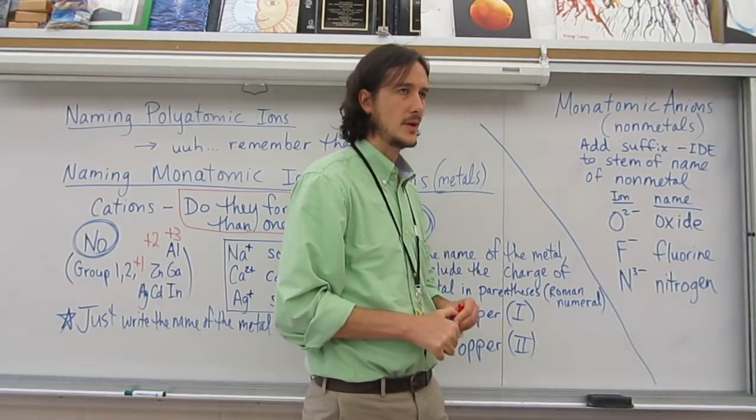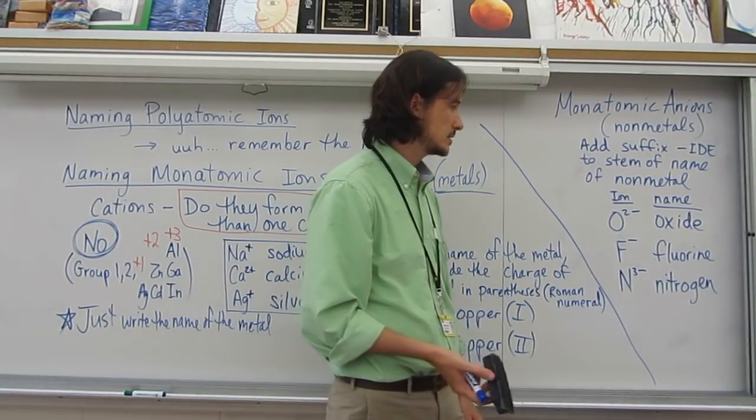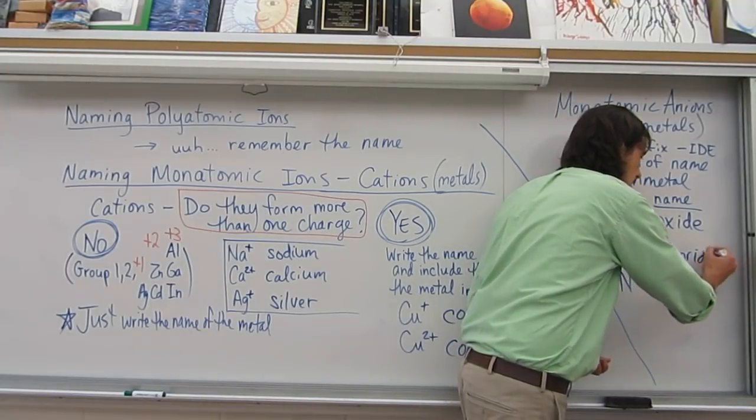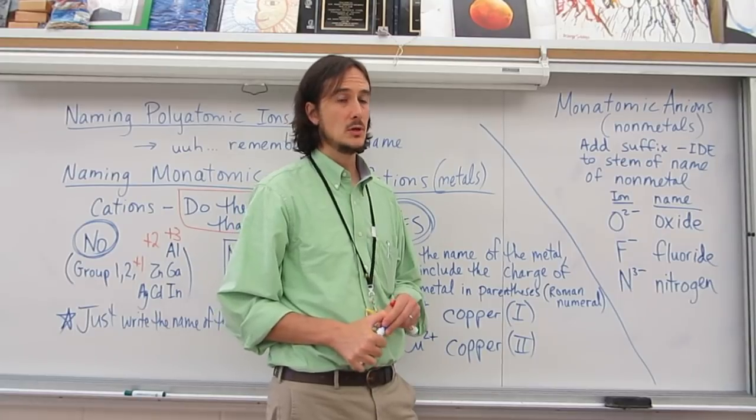Oxide, right? Instead of oxygen, we call it oxide. This one you've heard of, F- is not fluorine, it is fluoride. Please write that down and please spell it correctly. It is F-L-U-O-R-I-D-E.